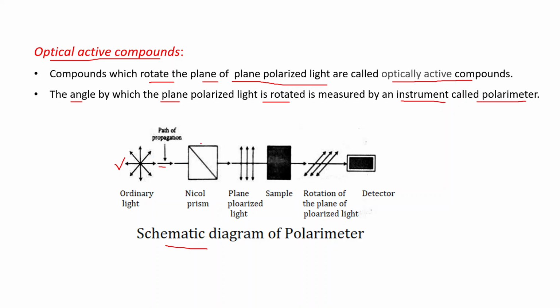When this light is passed through the Nicol prism, its oscillations are restricted to one plane, and now we get the plane polarized light. When this light is passed through the sample, the direction of this plane polarized light is rotated. It may be clockwise or anti-clockwise. The angle of rotation is detected by this detector.